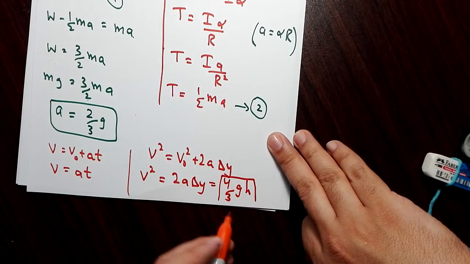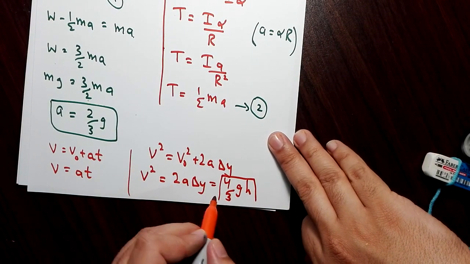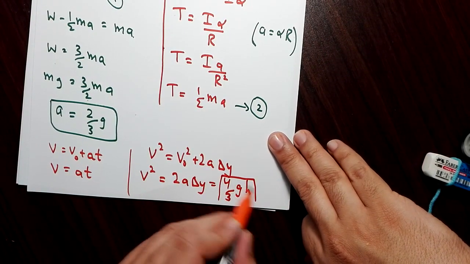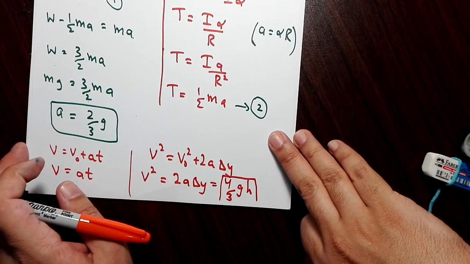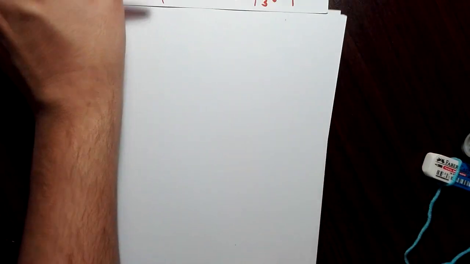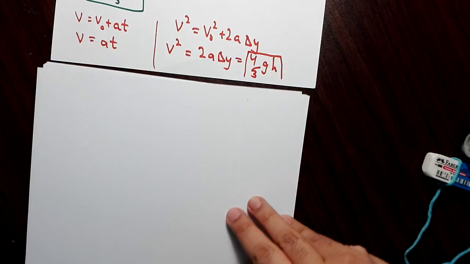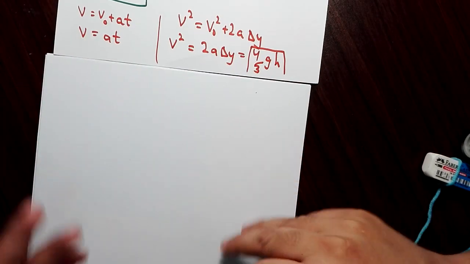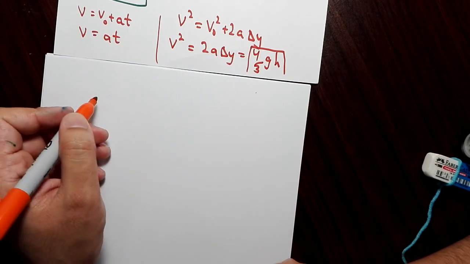Let's apply conservation of energy, and we'll see that we get this expression from conservation of energy also. Newton's second law and conservation of energy are connected, so we'll just demonstrate that quickly.